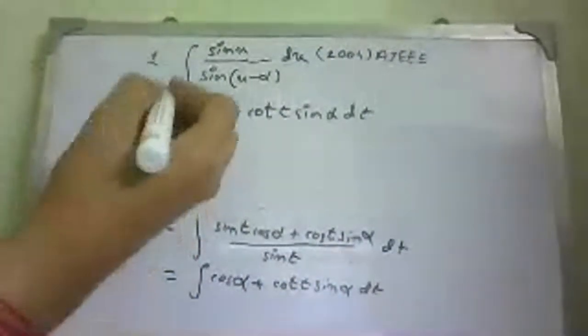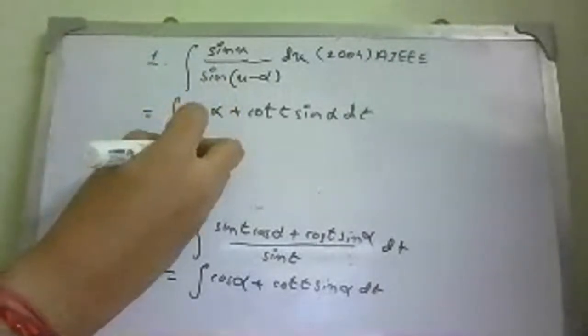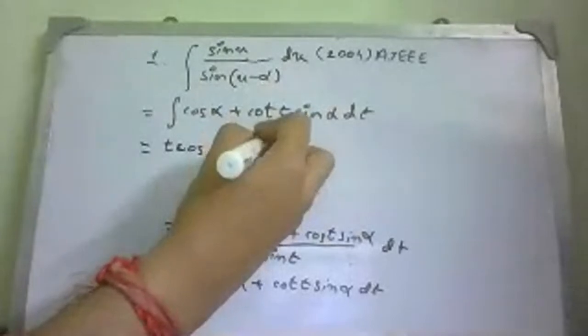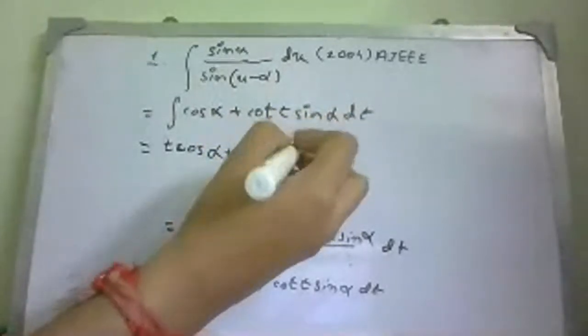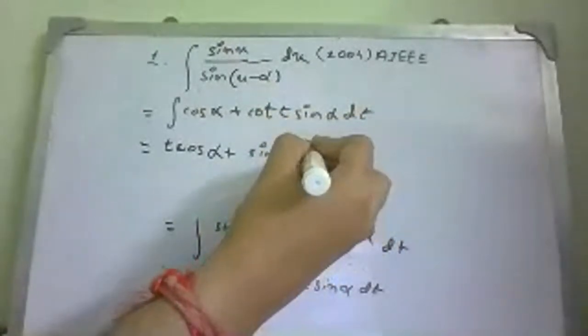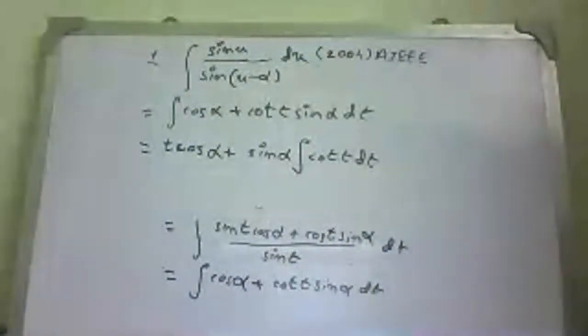The integral of cos alpha is t times cos alpha, and since sine alpha is a constant, we can take it out of the integral. So we have sine alpha times the integral of cot t dt.